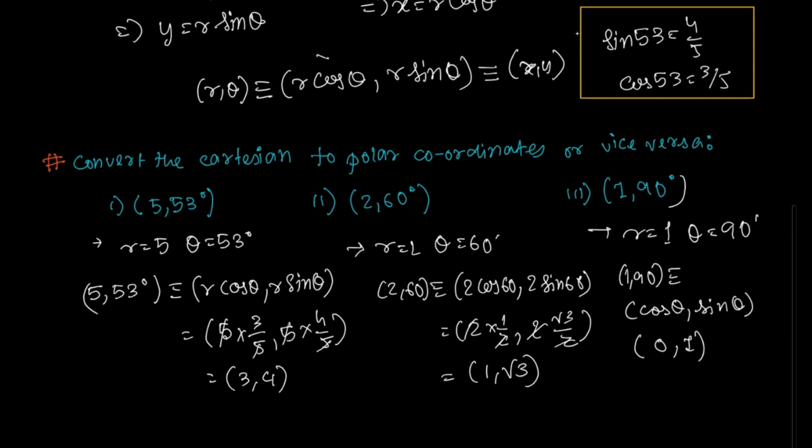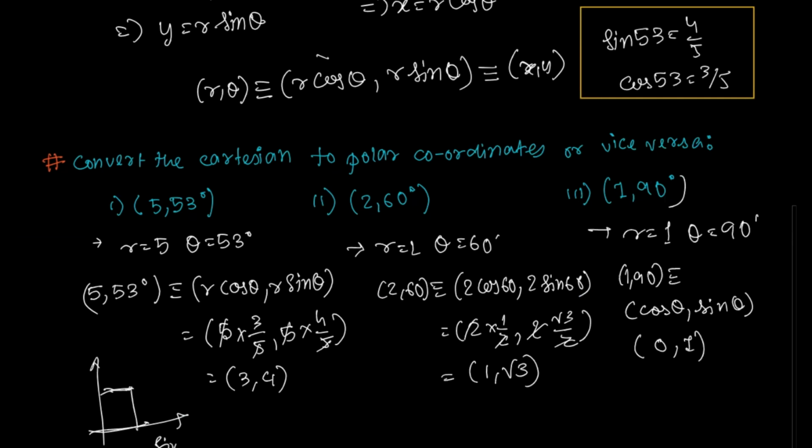Now the other changes are simpler as well. If you write 3 comma 4, then what you have to do is just draw the diagram. Draw the diagram like this. Plot the point 3 comma 4. Then do sin theta, cos theta.